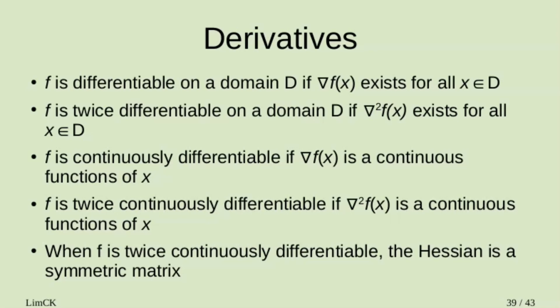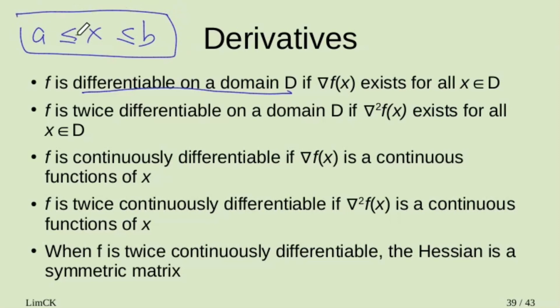Some concepts or terminology here. For a function f, if we say f is differentiable on the domain D, that means for every value in this domain you can derive the function, that is, the gradient exists for all s in this domain.